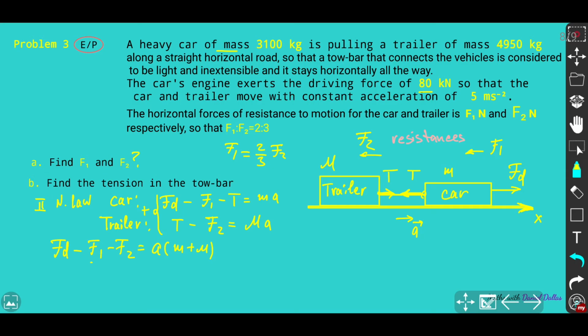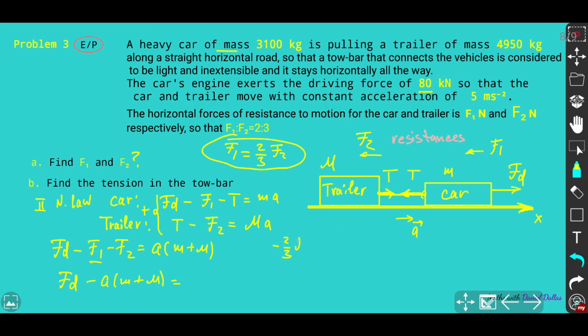So that's why I'll show you how to get the general formula for F1 and F2, and then we just plug the values. We plug in, instead of F1, this expression in terms of F2, and finally we'll get driving force minus A times M plus M equal to 2/3 F. On the left side, after expressing F1 through F2, we get minus 2/3 F2 and minus F2.